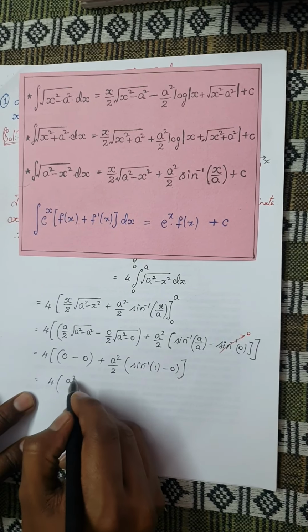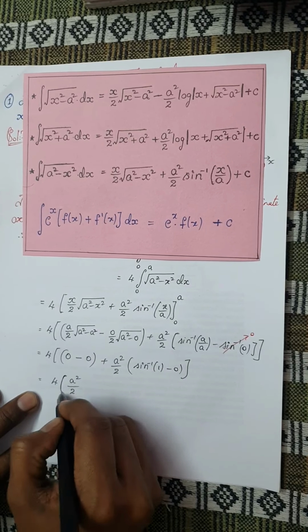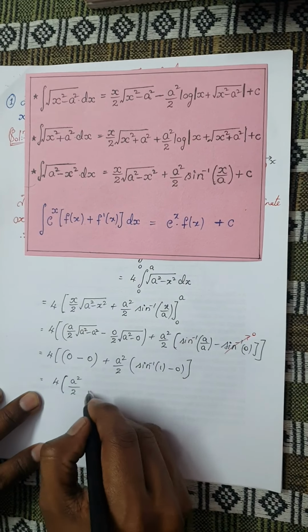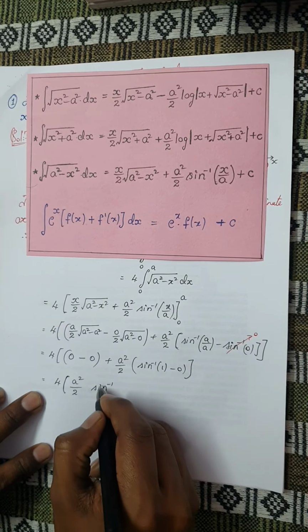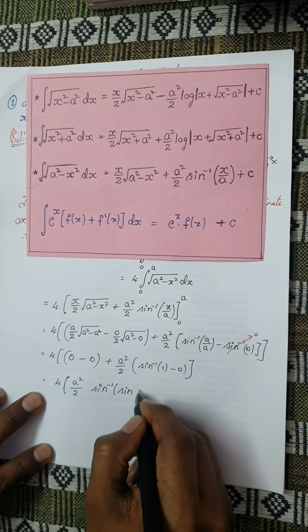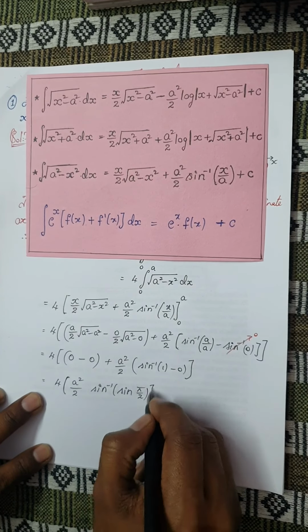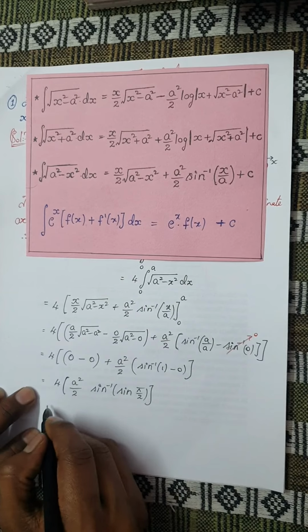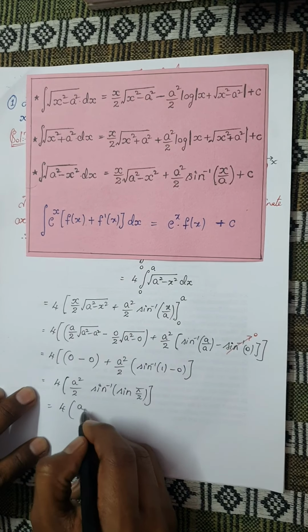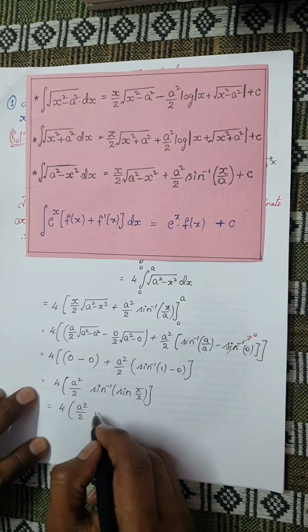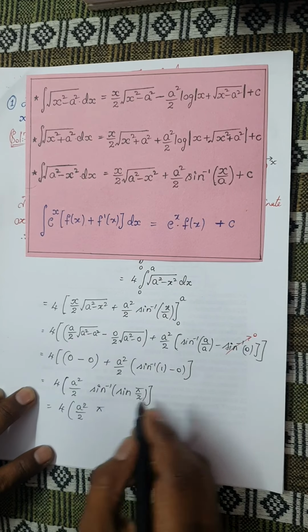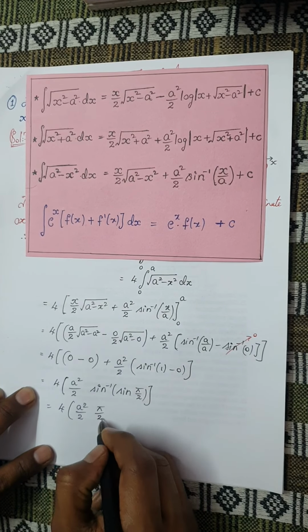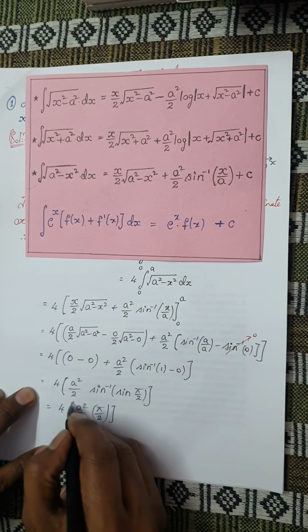So I am just left with a square by 2 into sine inverse of 1, which is sine 90 because we know sine 90 is 1. Sine and sine will be nullified. I am going to get 4 into a square by 2 into, what is the sine inverse, you get pi by 2.